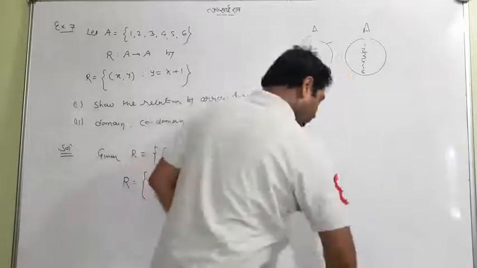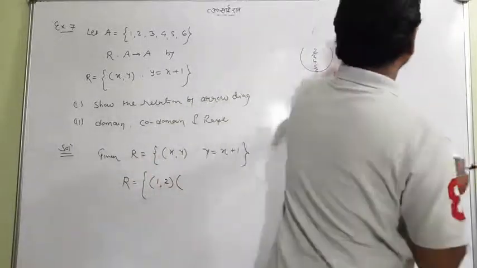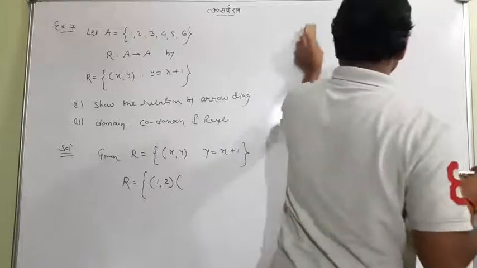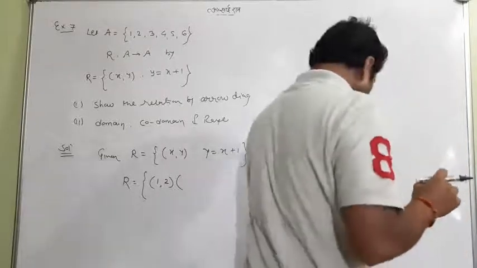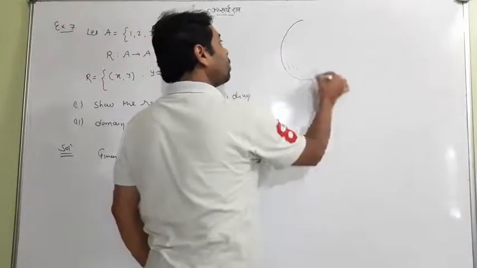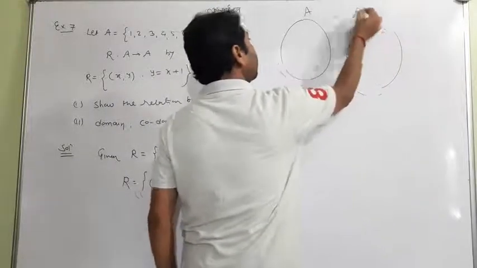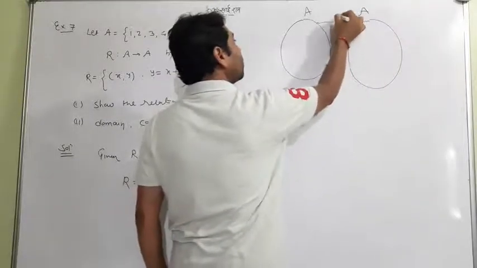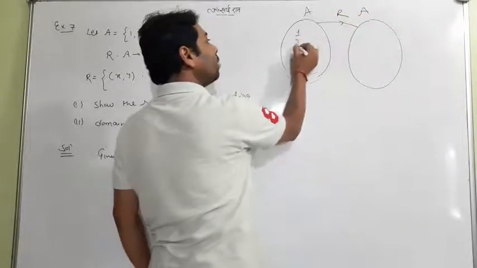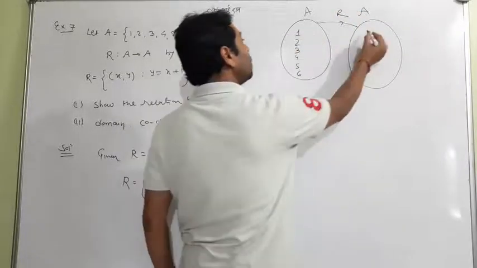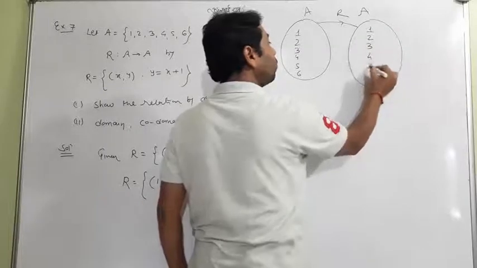When you have got the image, together with this I will tell you the arrow diagram also. See the picture, it will be useful to you. Again I am making A, this is the relation R defined from A to A, with 1, 2, 3, 4, 5, 6 and 1, 2, 3, 4, 5, 6.